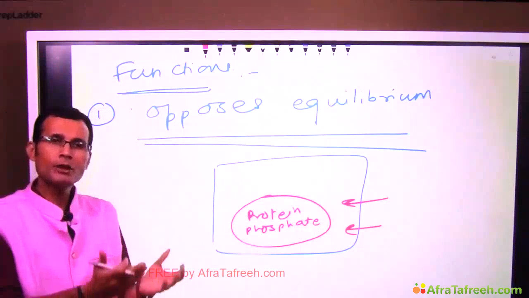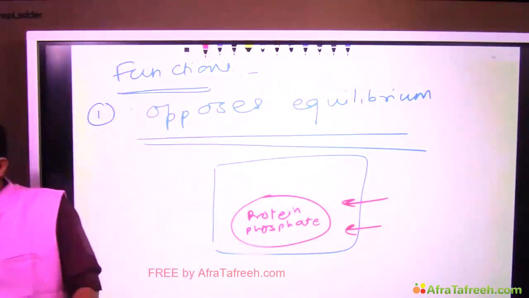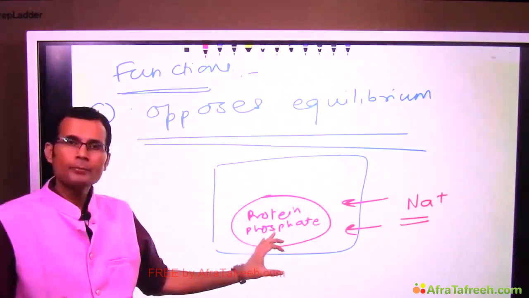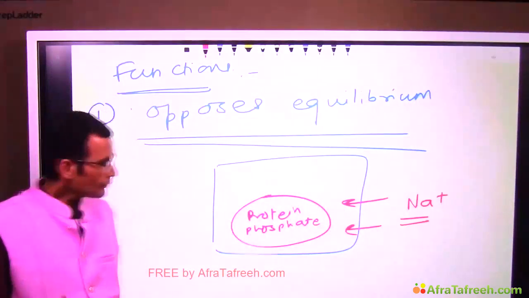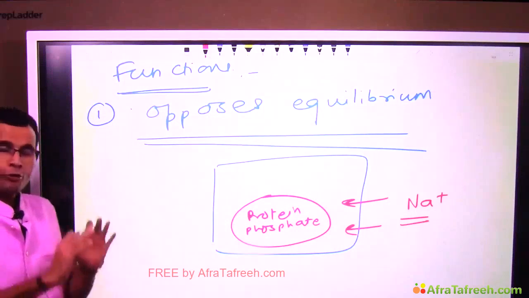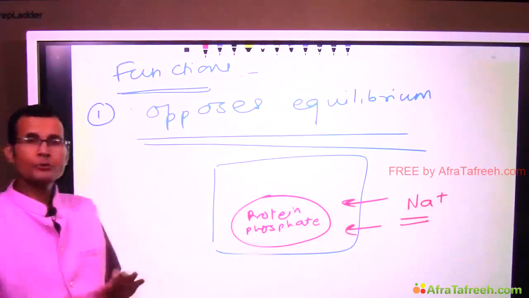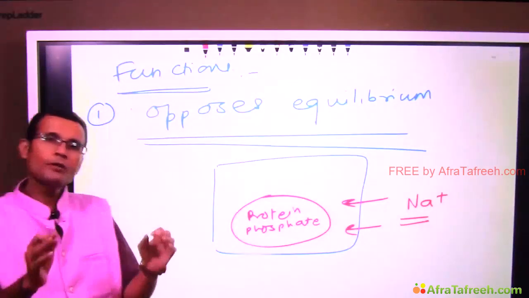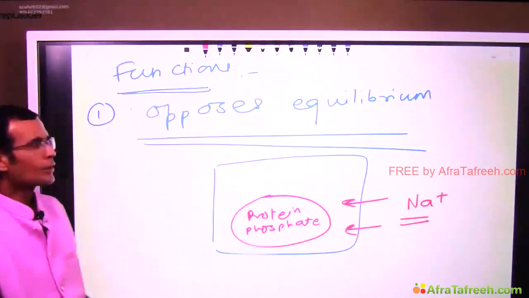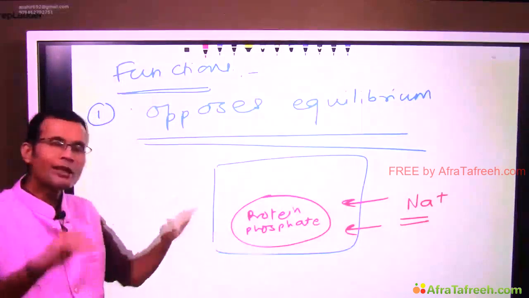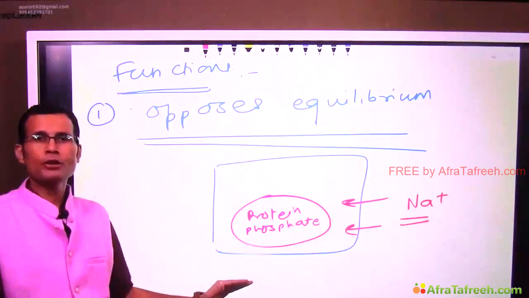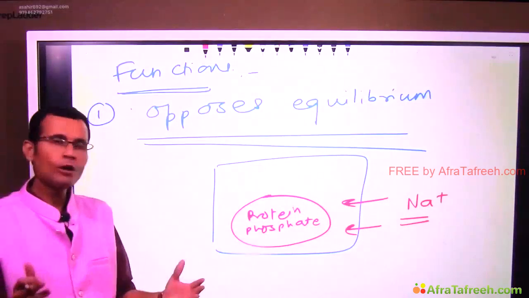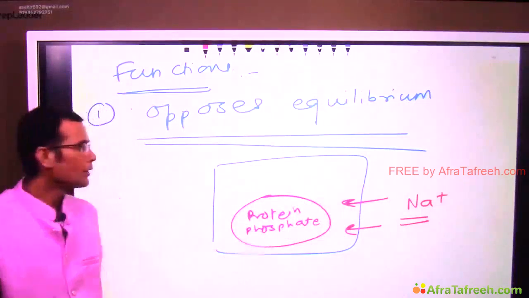There should be an equal number of cations and anions. So the cation that gets pulled into the cell is sodium, to achieve that electroneutrality or equilibrium. We have also already seen that sodium is continuously leaking into all the cells of the body, everywhere, continuously. What for? For this reason.